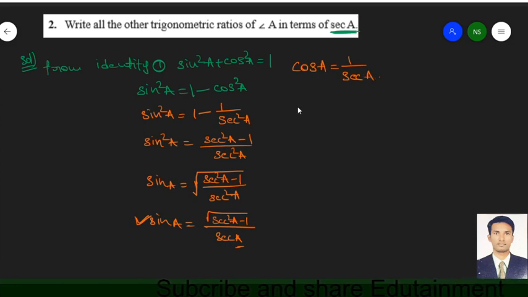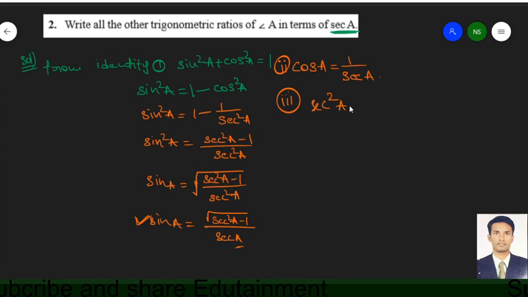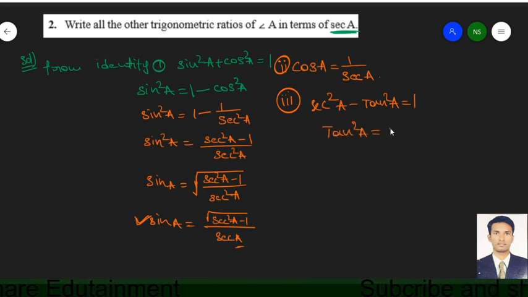Okay, then coming to tan, this is second one. Let's move to third one. We have secant square A minus tan square A, which is equals to 1. And from this tan square A is equals to secant square A minus 1.